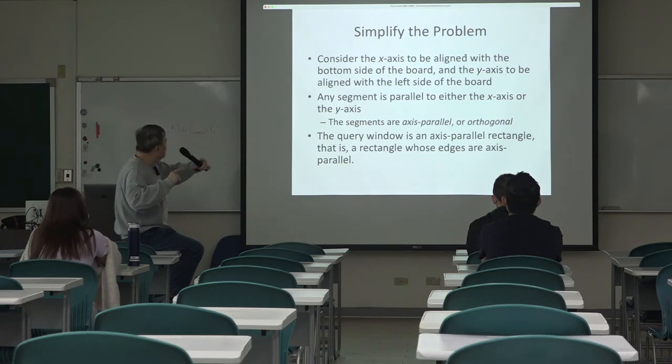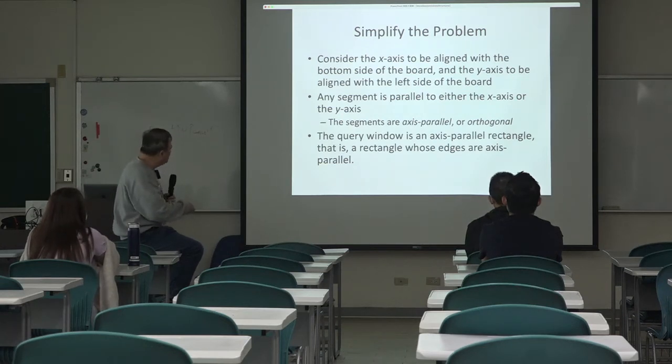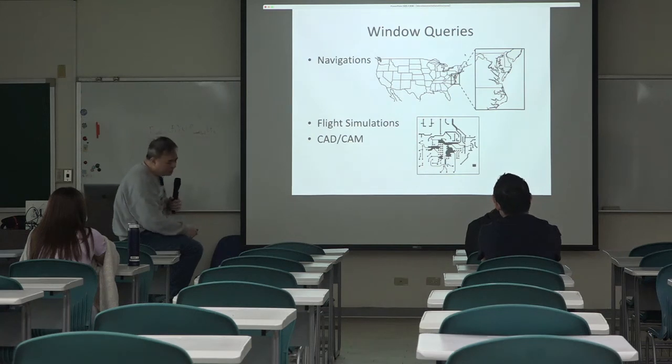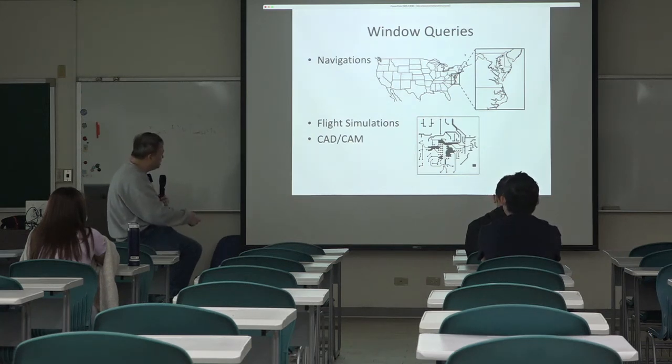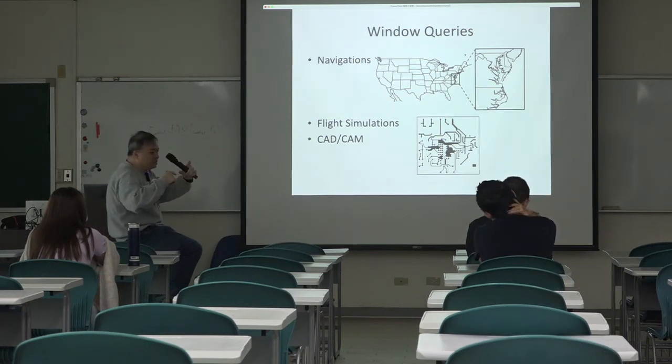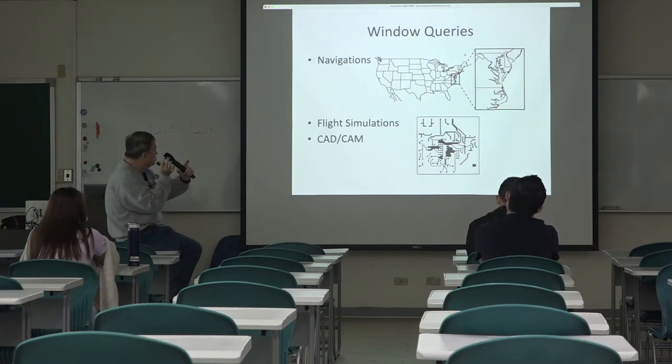Basically, we first assume this is the x-axis, this is the y-axis, and the window, even though we can have an arbitrary window in our area of interest, this window has to be a rectangular region, and the boundary of the window needs to be parallel to the x-axis and the y-axis.